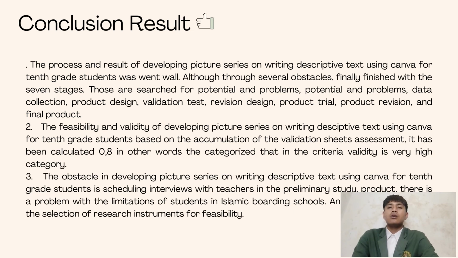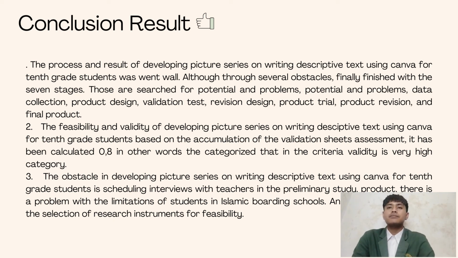Next slide. Conclusion. First, the process and the result of developing picture series on writing descriptive text using Canva for 10th grade students went well. Although through several obstacles, it was finally finished with the seven stages: research of potential and problems, data collection and product design, validation test, validation sheet, revision design, product trial and product revision, and final product.